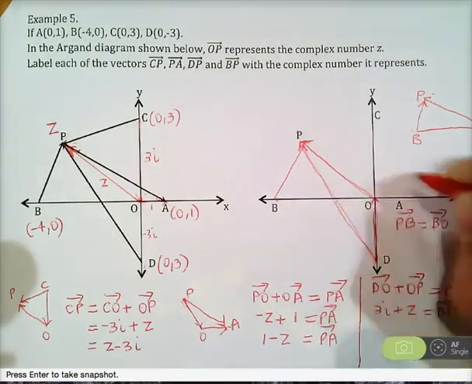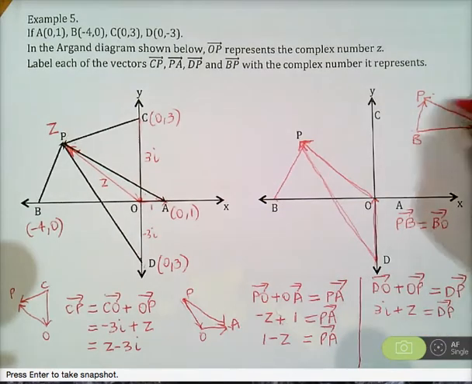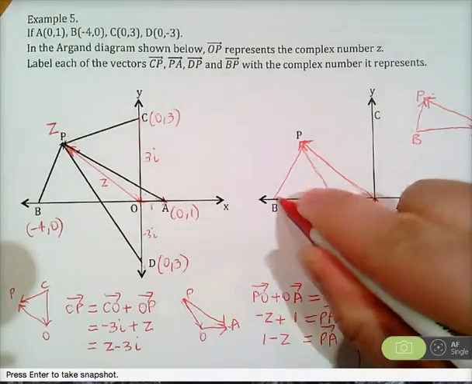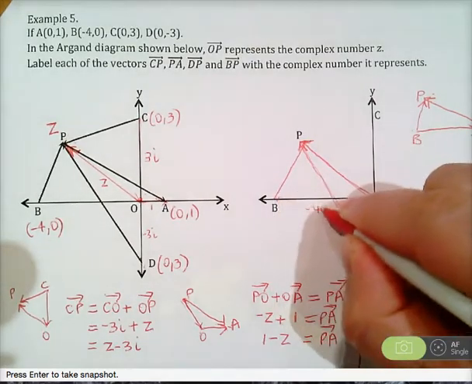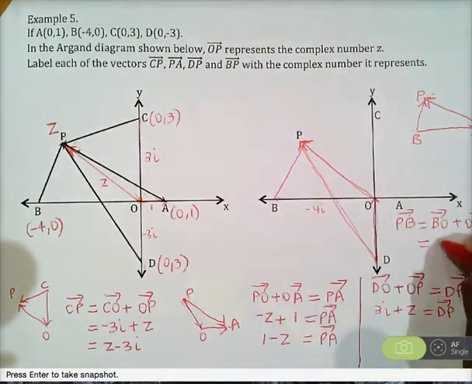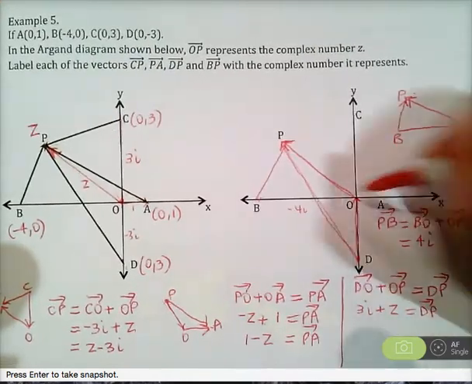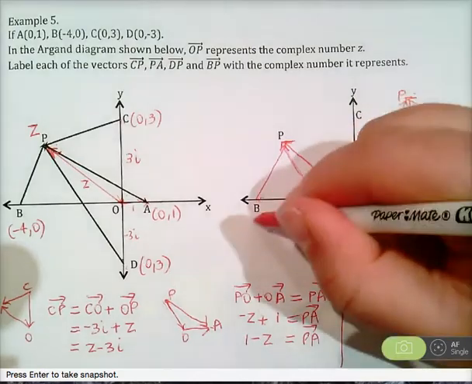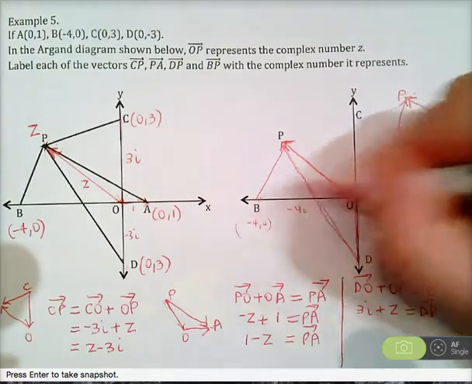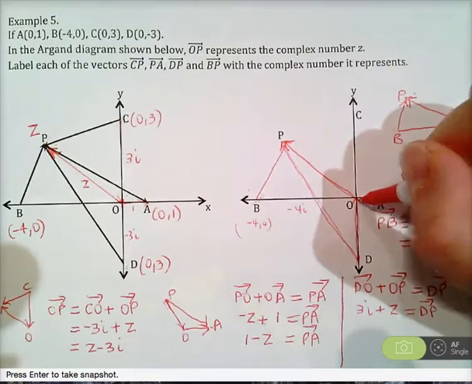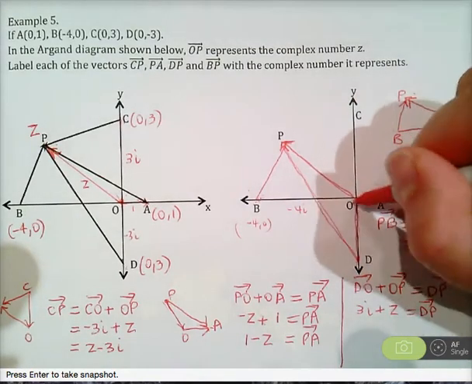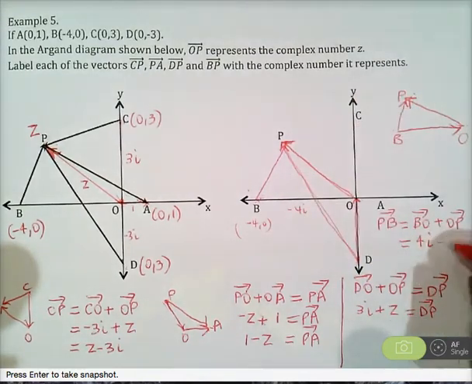Now OB is minus 4i. Okay, sorry, I'm just running off screen again. So again, OB, because B is the point minus 4, 0, is minus 4i.